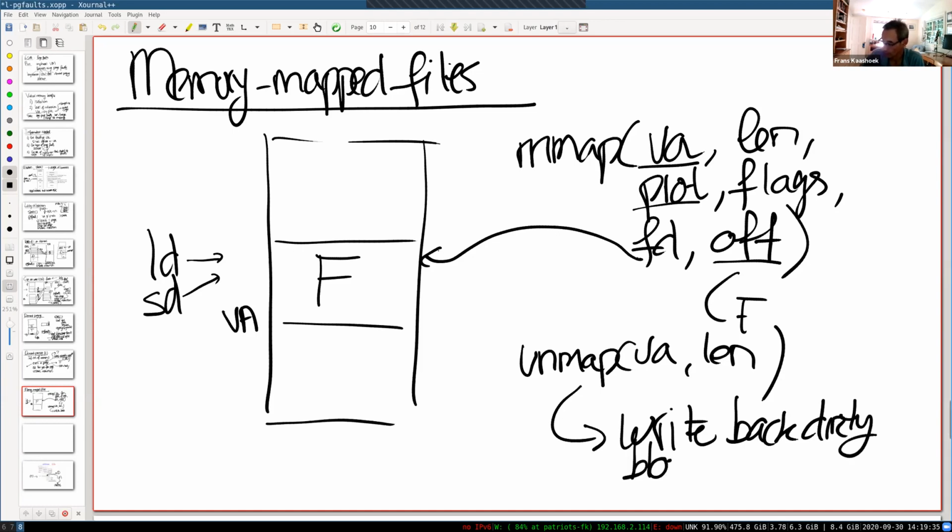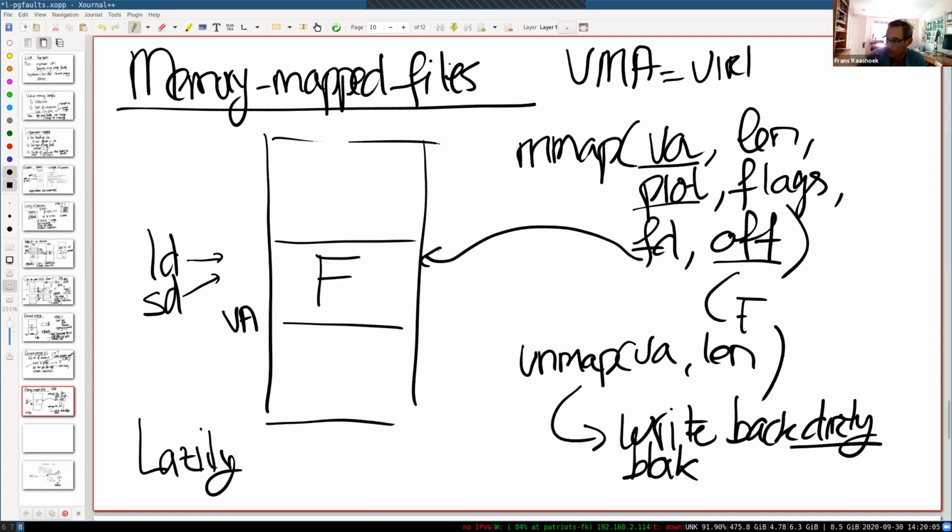We can easily figure out which blocks are dirty because they have the D bit set in the PTE. Now, of course, in any sophisticated memory implementation, this is all done lazily. You just don't map the file immediately. You keep a record on the side saying this PTE really belongs to this particular file descriptor. That information is typically kept in a structure called the VMA, the virtual memory area.